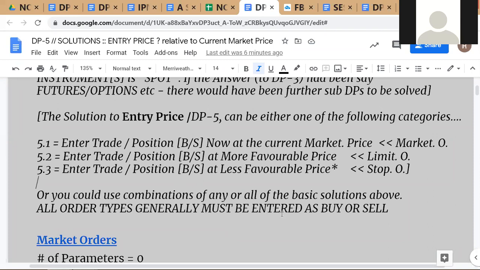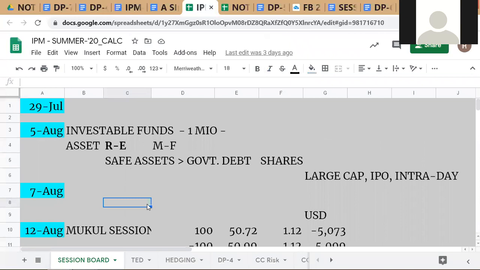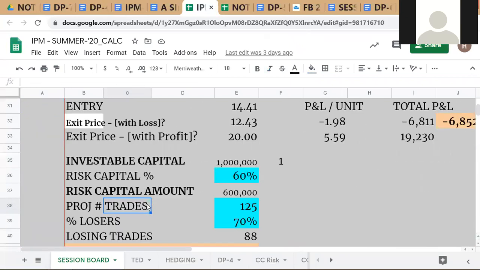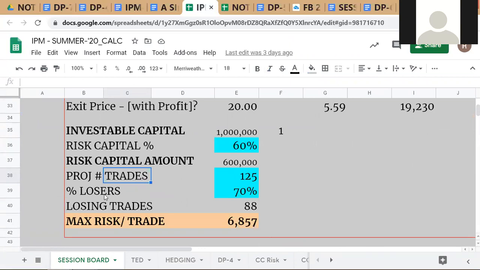The only difference that's going to happen, if we take your notes and bring it back here, all right, so here we have your calc file. I want to use this question to make this very important point in case there is any doubt about it: the only difference is that when you're trading your personal account, you are likely to have less investable capital and less risk capital.